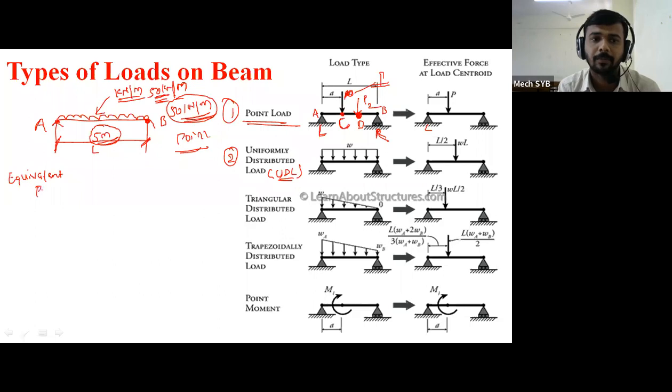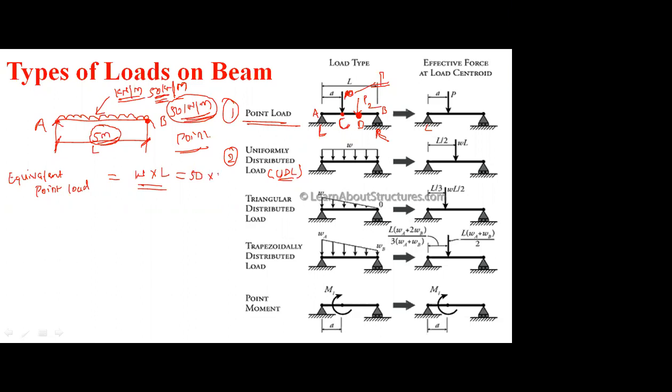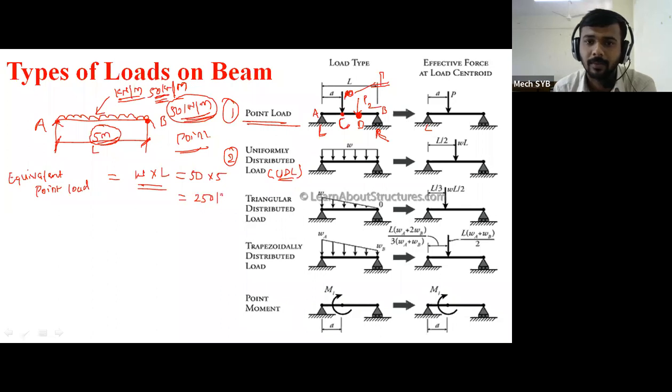The equivalent point load is equal to W into length. If we need to convert UDL into point load, then the formula is W into length. So what is our W value? 50. What is your length? 5 meter. Total 250 kilonewton load, and it is always applied at the center point.